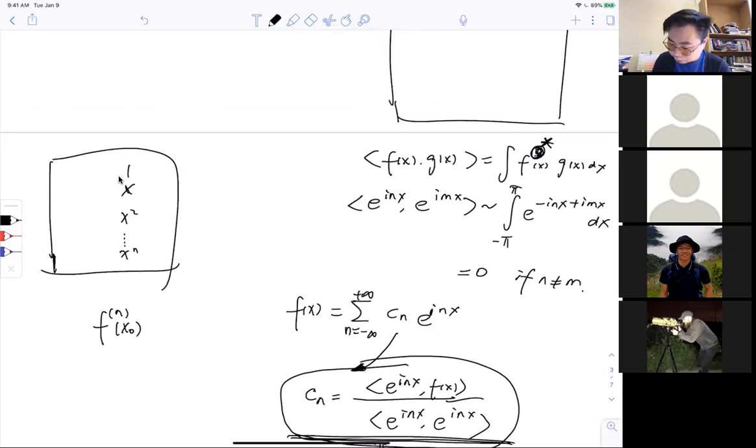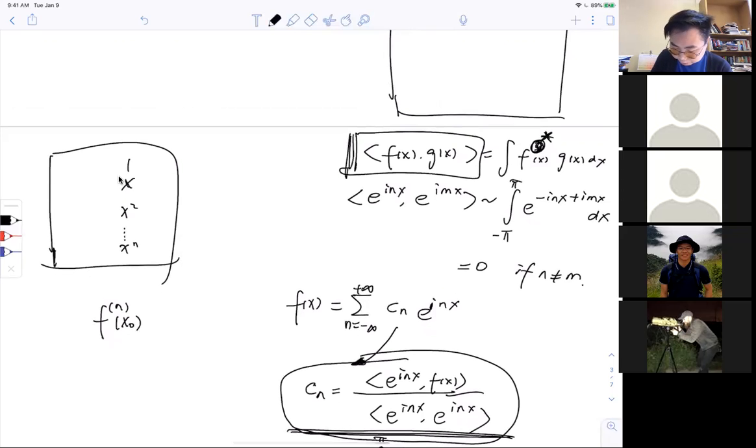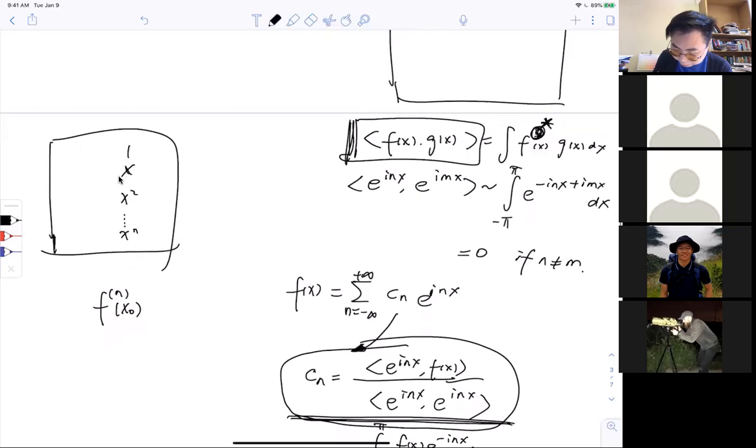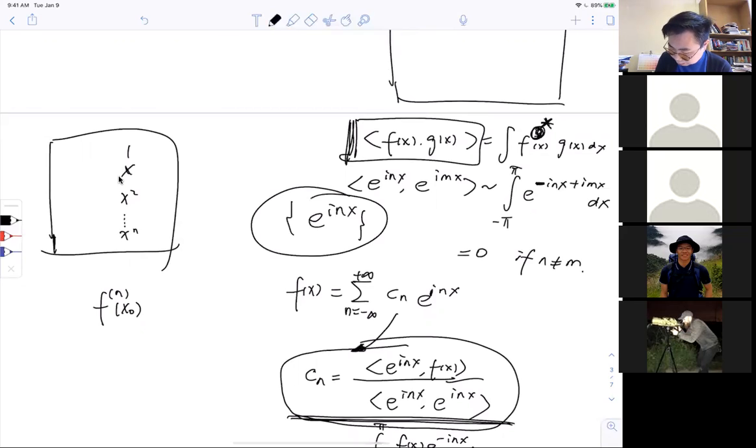The reason we do it here is that we are defining the inner product, right? Under this definition, this basis e^{inx} becomes orthogonal to each other. So there's a minus sign, then if n is not equal to m, it is 0.